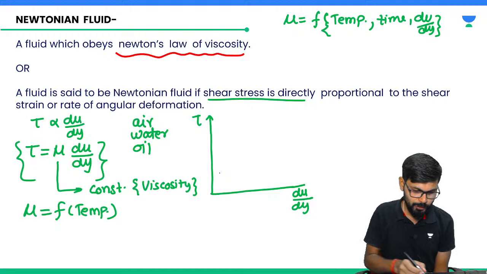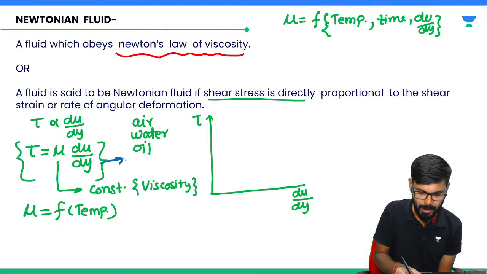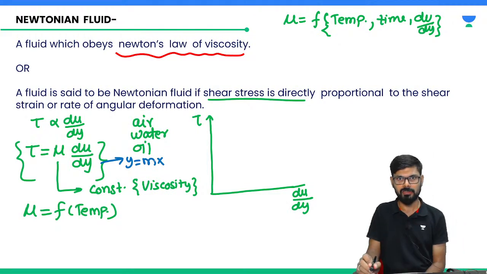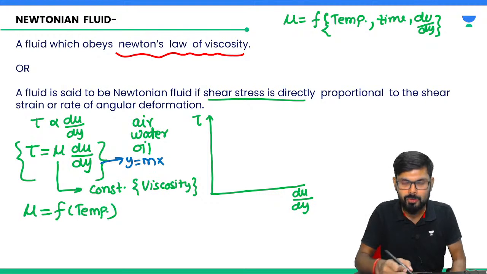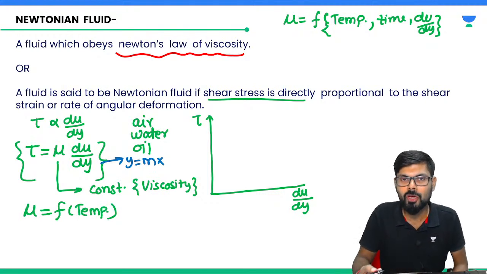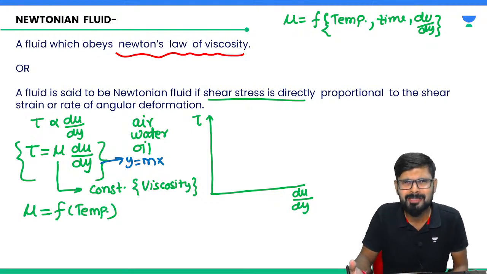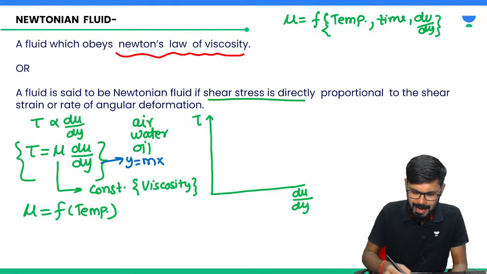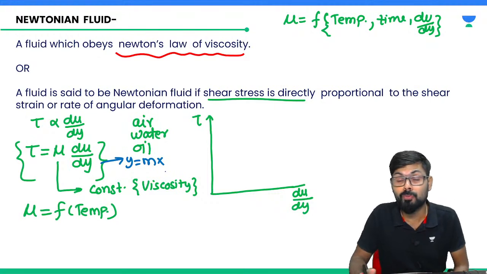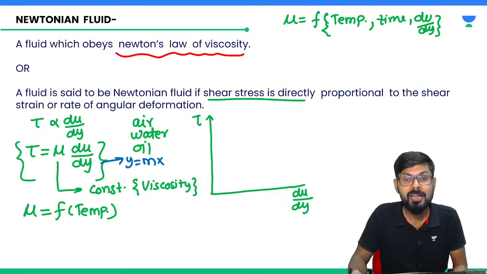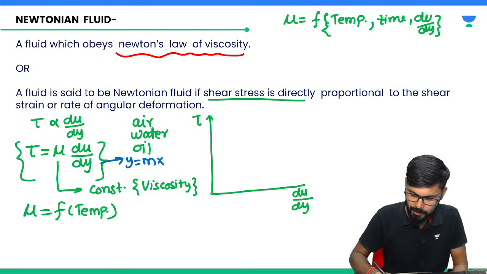Then this equation is y equal to mx type of equation, which always passes through the origin. This much mathematics I hope you have. And m is the slope. Here m is mu, so mu is represented by the slope. Now I can write like this.